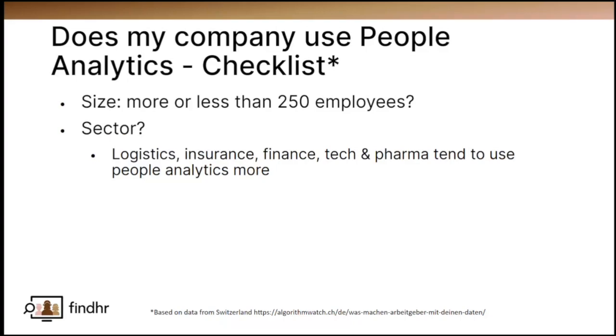They also have complex processes with a lot of compliance structures, data points, and oversight needed. So these are the sectors where you could expect to see people analytics more.